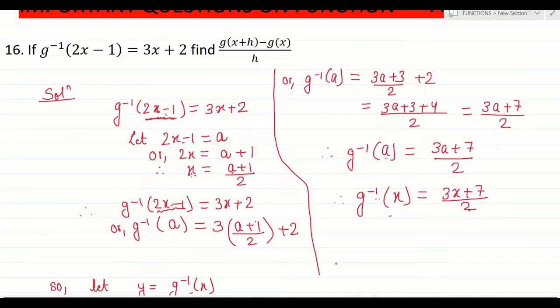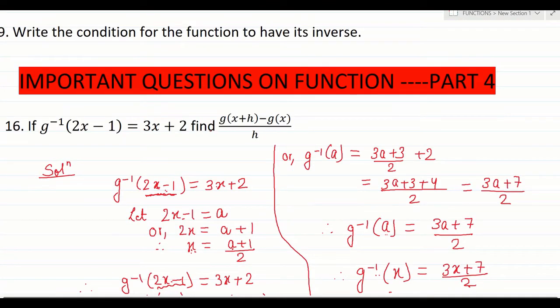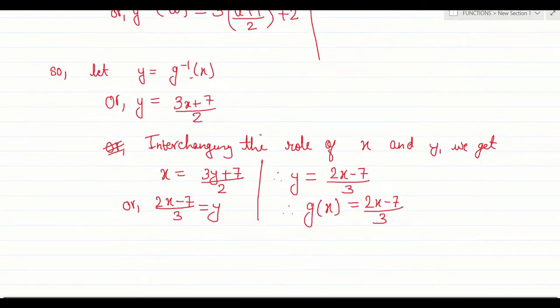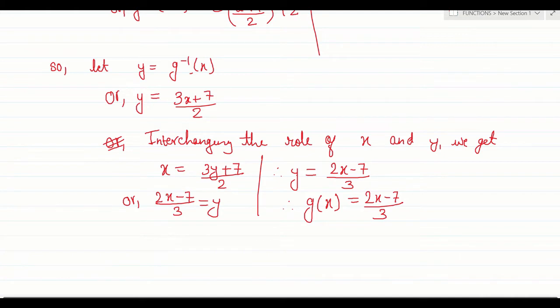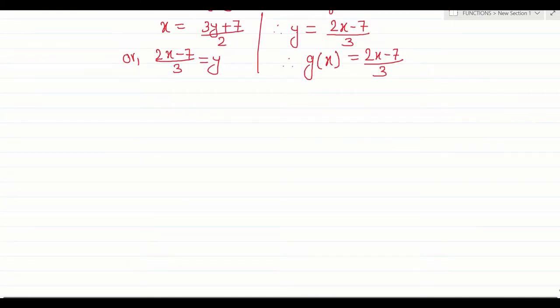Actually the question is asked to find g(x plus h) minus g(x) over h. We have found g(x). Now we need to find g(x plus h). So let's find out g(x plus h). Just a moment, let me create some space. Okay, so therefore g(x plus h) is equal to, instead of x we are going to put x plus h.